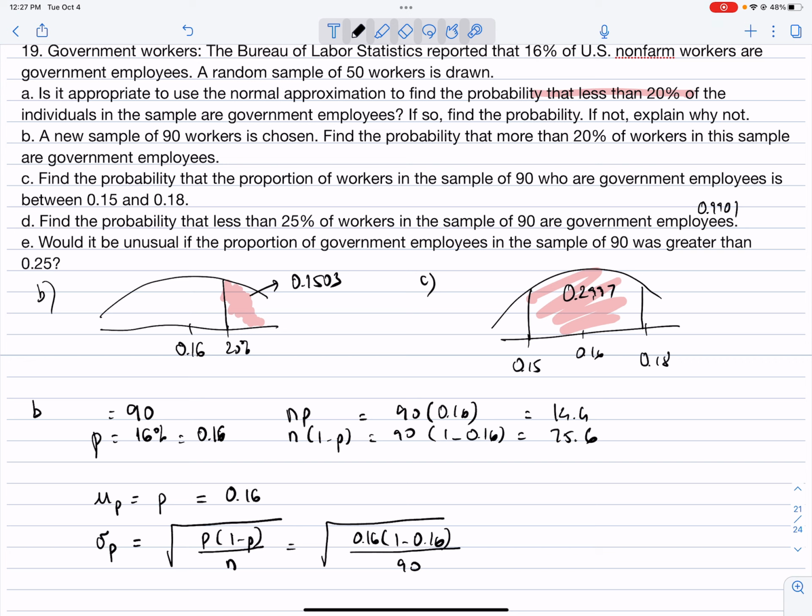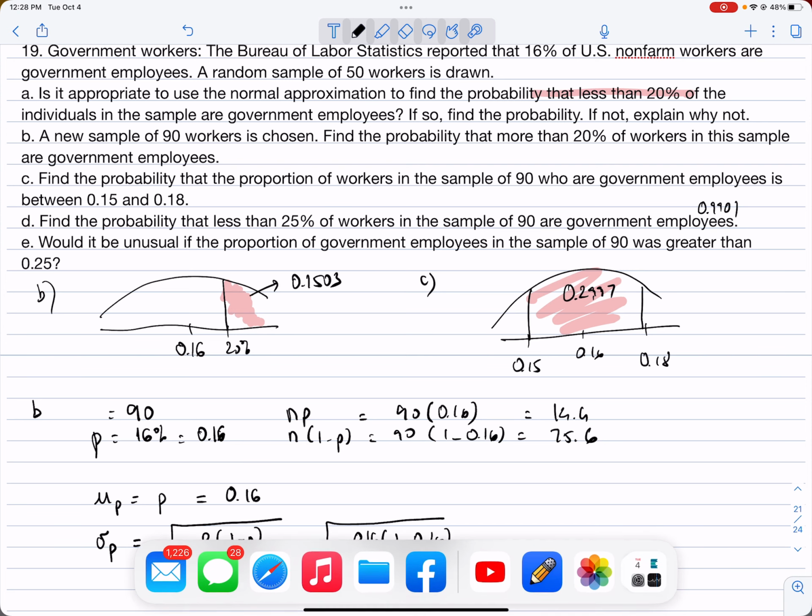Problem E, would it be unusual if the proportion of government employees in the sample of 90 was greater than 0.25? So we want to know what is the probability of greater than 0.25 first.